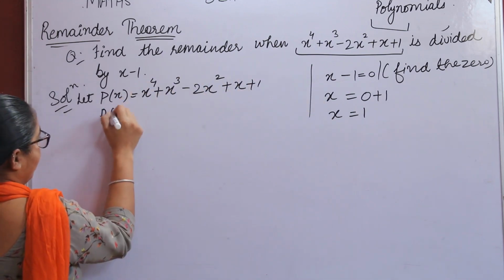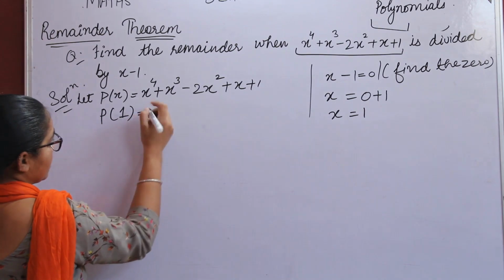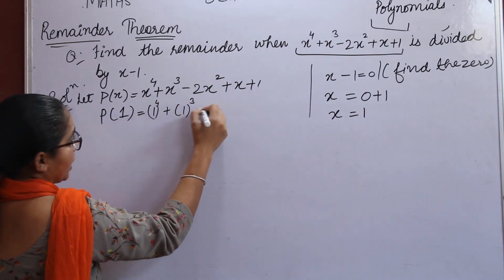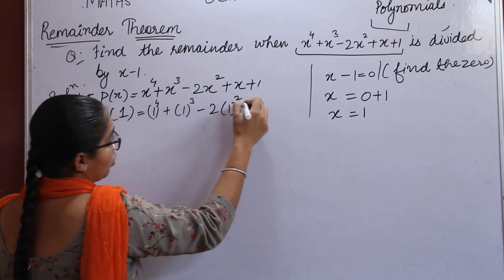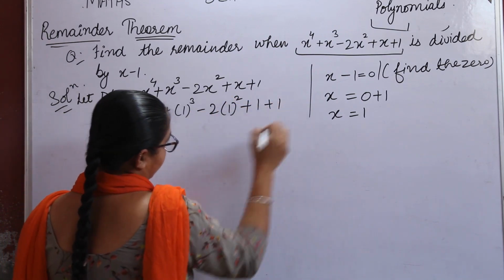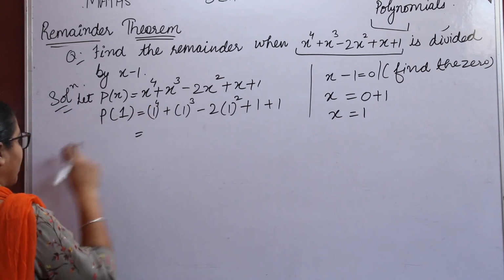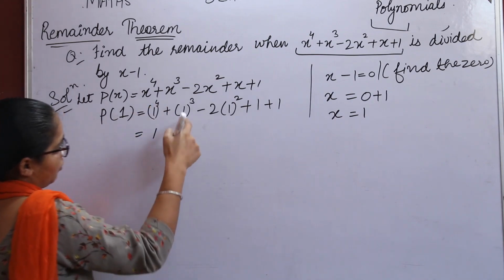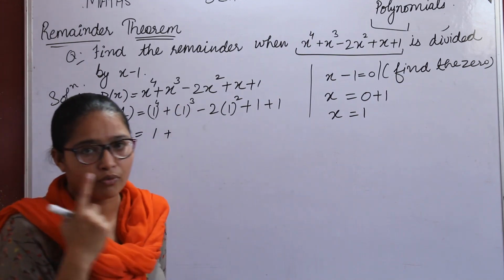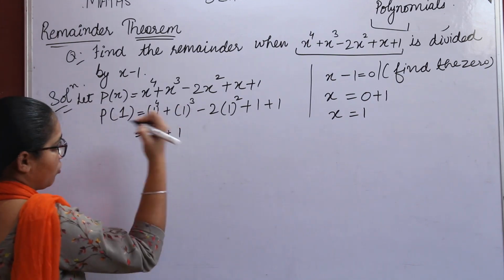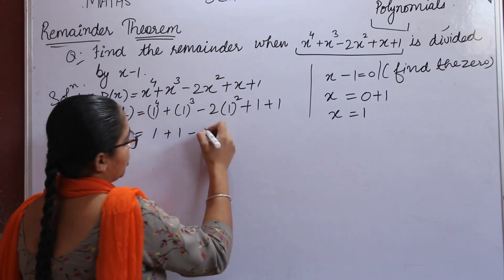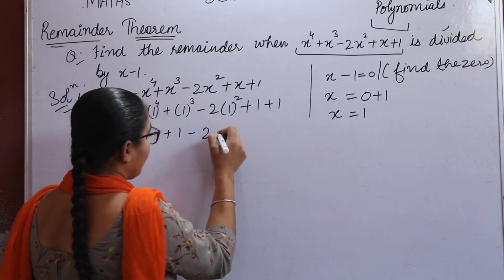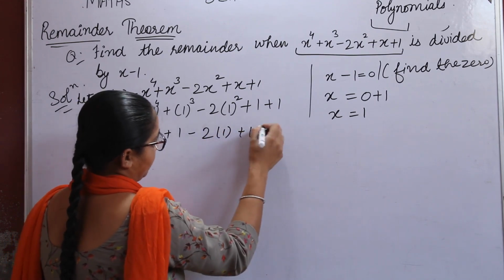So what do we get? p(1) is 1 raised to power 4 plus 1 raised to power 3 minus 2 times 1 raised to power 2 plus 1 plus 1. So now 1 raised to power 4, I already told you, 4 times 1, is 1, plus 1 raised to power 3 means multiplication of 1 three times, it would be 1, minus 2 as it is, 1 raised to power 2 means 1 into 1, 1, plus 1 plus 1.